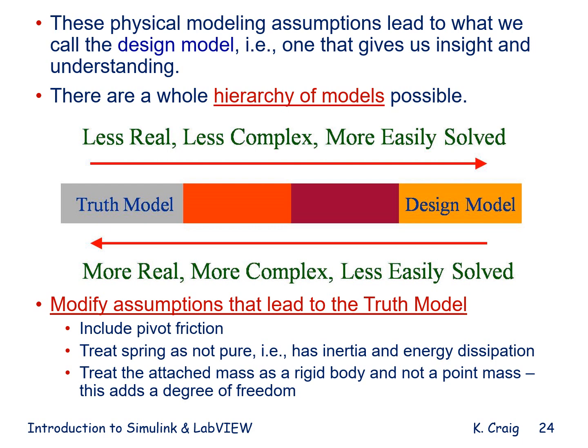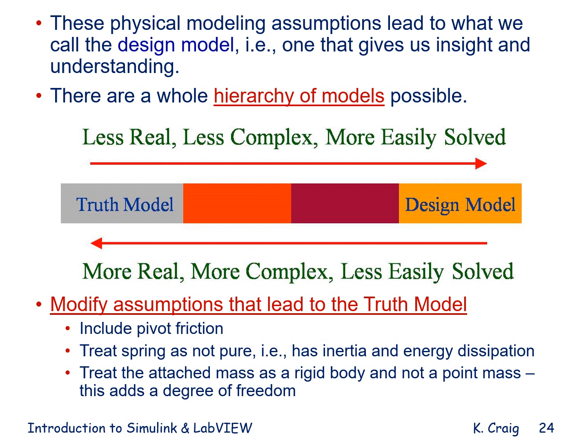These physical modeling assumptions lead to what we call the design model, one that gives us insight and understanding. And as we know, there's a whole hierarchy of models possible. The design model is the less real, less complex, more easily solved of all the possible models.